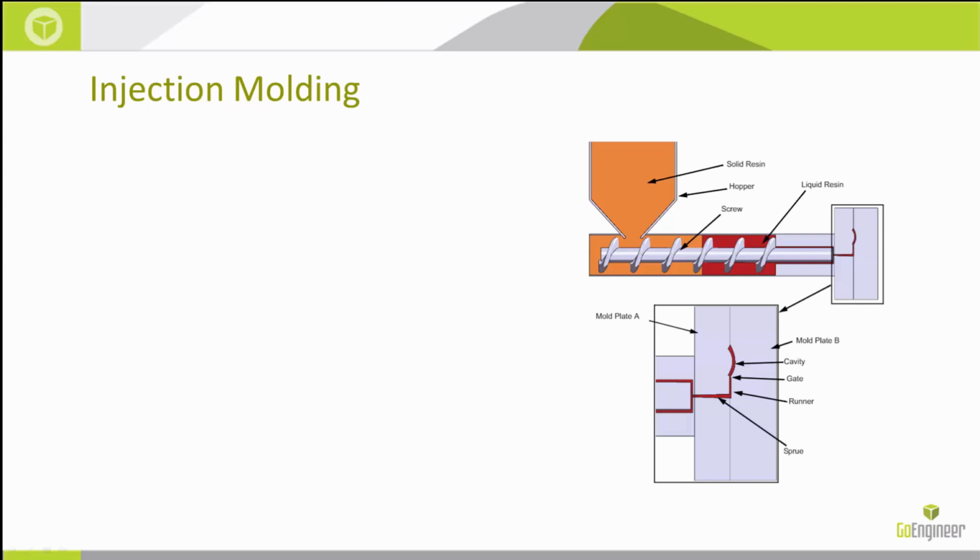Since we're mainly concentrating on injection molding, there are many methods for manufacturing plastic parts, including blow molding, vacuum forming, extrusion, and rotational molding, but we are just going to concentrate on injection molding. The basic premise of the process starts with the fill stage. Your solid plastic resin, typically in the form of pellets, is loaded into a hopper.